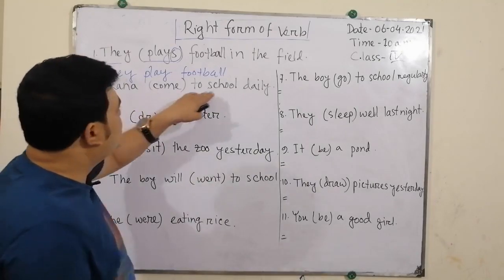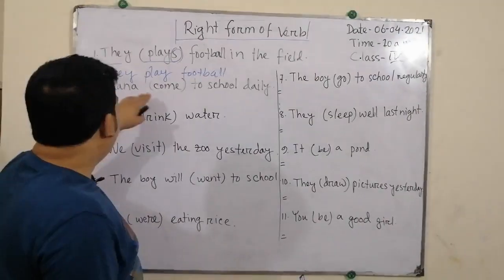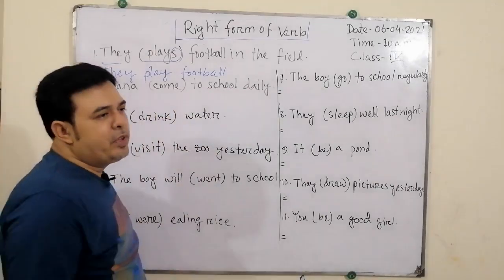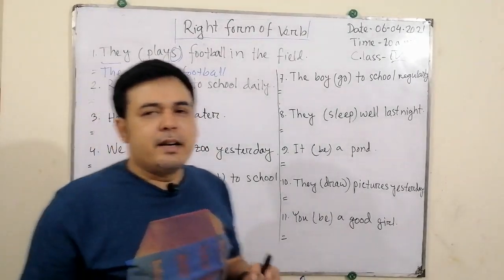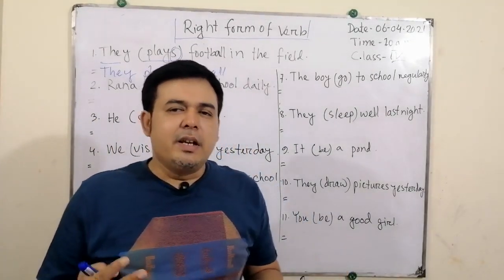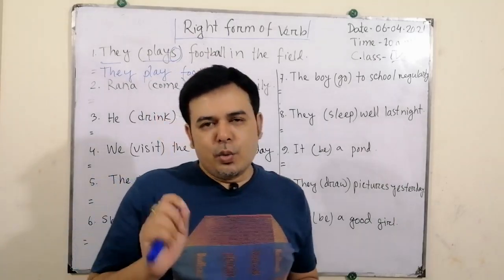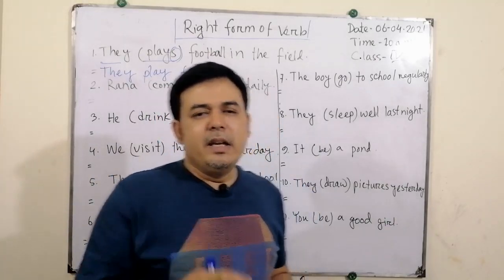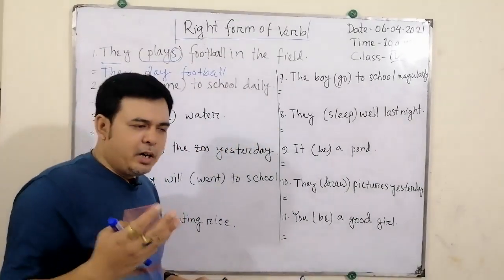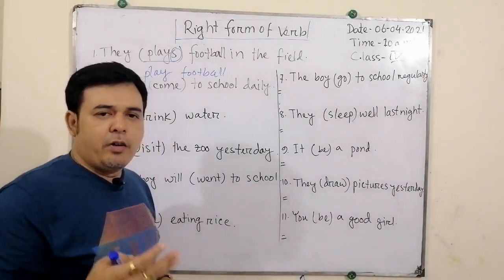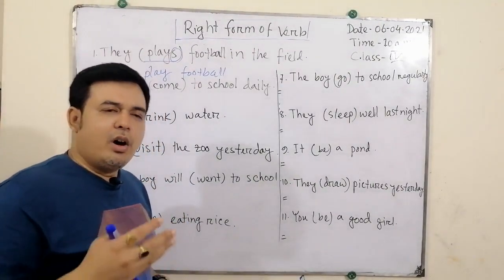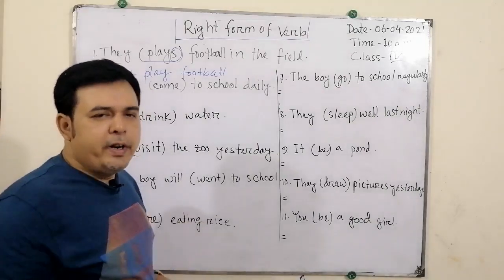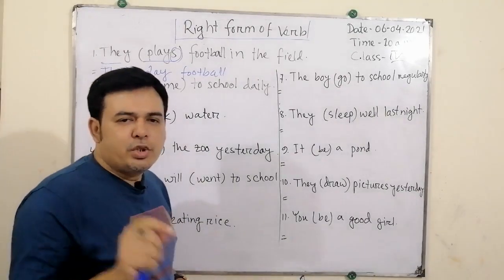Rana come to school daily. Okay, so it's a regular activity, it happens daily. So whenever a sentence is like continuous, a work of daily routine, or it is happening every day, in that case what should we do?